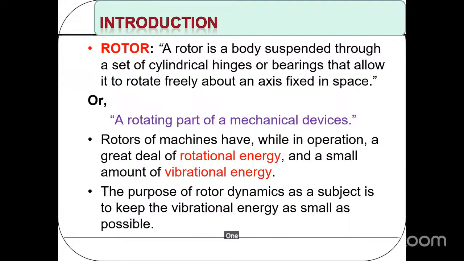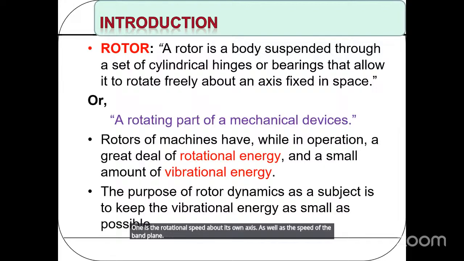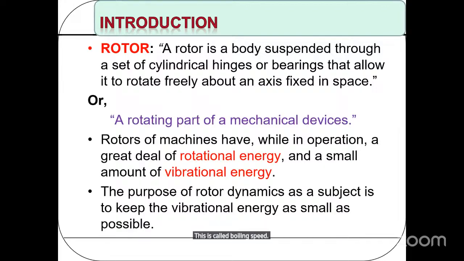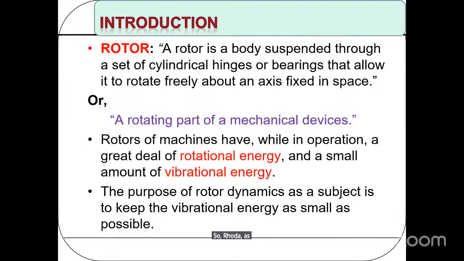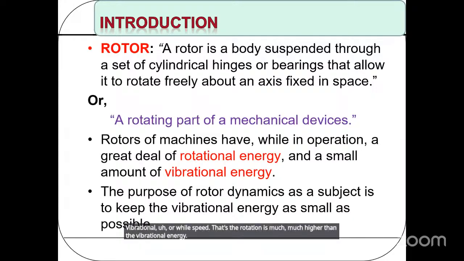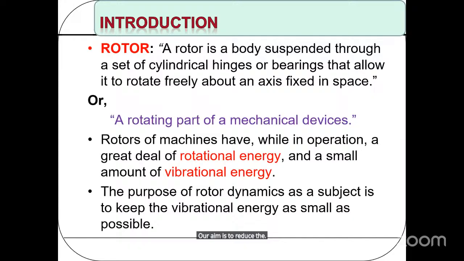One is the rotational speed about its own axis, as well as the speed of the bend plane. This is called whirling speed. So rotational energy as well as vibrational energy arises in the rotor shaft systems. As the rotational speed is much higher than the vibrational or whirling speed, the rotational energy is much higher than the vibrational energy. Our aim is to reduce the vibrational energy of rotor shaft systems.